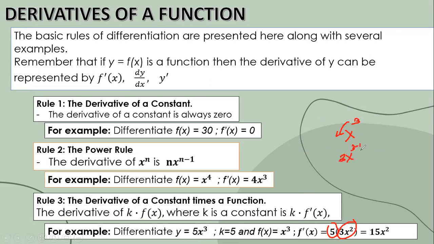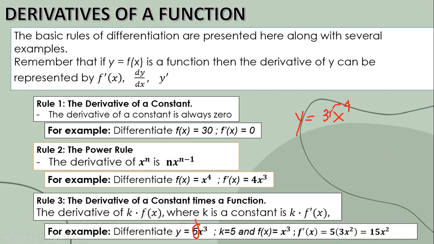Okay, 3 minus 1, we get 3x squared. Okay, tapos i-multiply natin siya sa 5 since meron siyang given na coefficient of 5. Okay, so parang power rule lang din pero may coefficient sa unahan, na multiply lang yung exponent tapos yung given na coefficient.